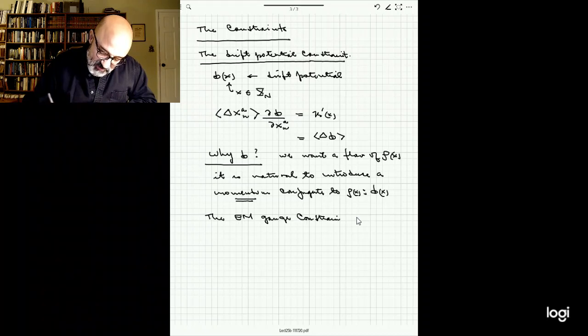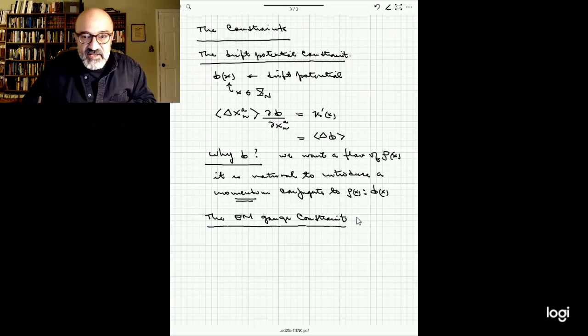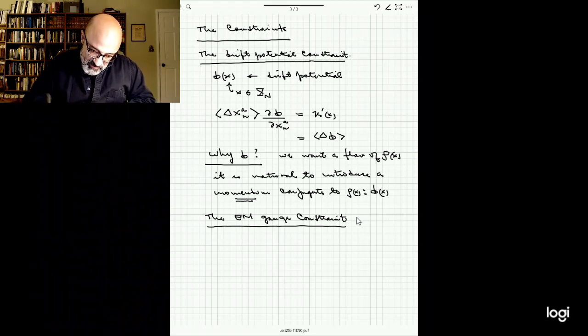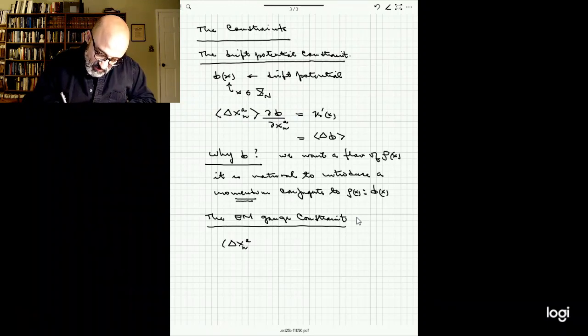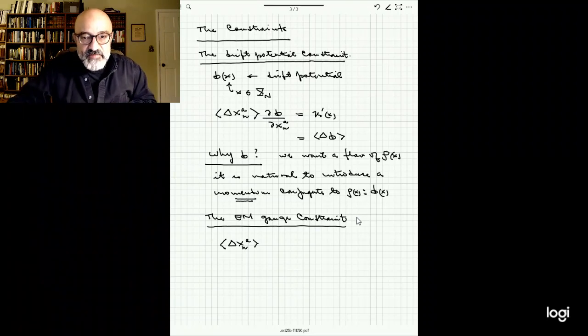A gauge symmetry constraint that we eventually, not now, but later we're going to identify as being responsible for how the particles react to external electromagnetic fields. And the way we're going to introduce this constraint is to say, look, this is a constraint that also affects the motion of the particles. So it is a constraint that affects the delta x, the displacements.